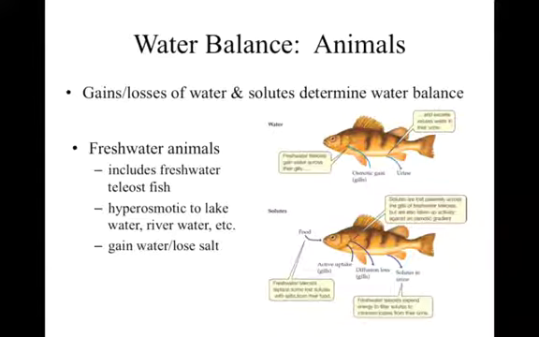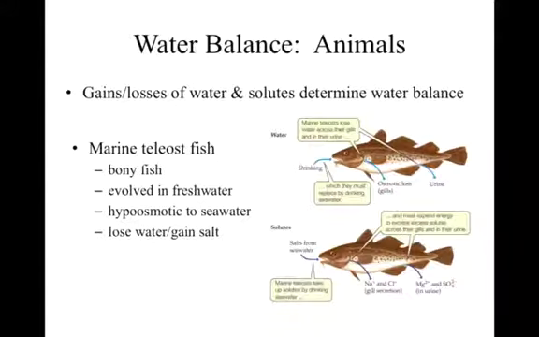Opposite scenario with the freshwater animals. So freshwater fish, which includes freshwater teleost fish, they tend to be hyperosmotic to the water that they live in. So if we go back to these marine teleost fish, they are hypoosmotic. They have less salt than the environment around them.